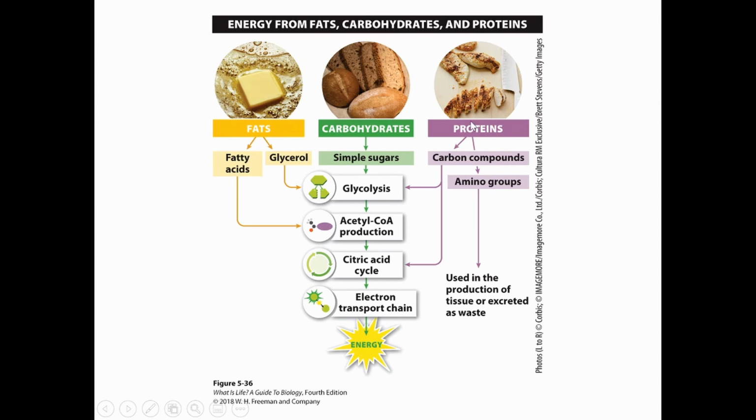Depending on the amino acids, we can break them down for glycolysis or enter all the way down into the citric acid cycle. Now, with the proteins we break down, we are left over with amino groups, and these are going to be waste products. So things like urea and uric acid will be the waste product from using things like proteins.